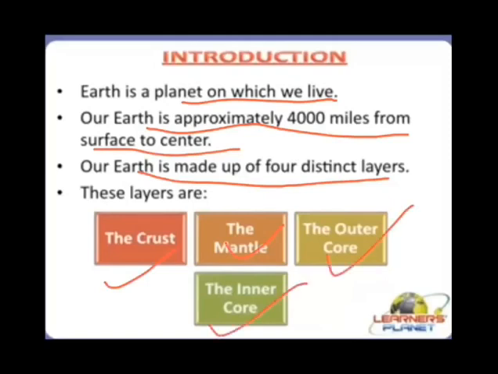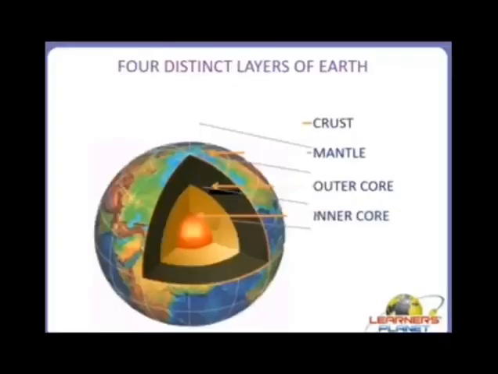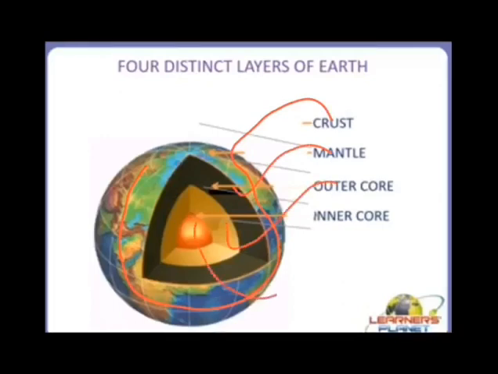Okay, so let's study them one by one. These are the 4 distinct layers of earth. This one is the crust, the second one is mantle, the third one, this yellowish one, is the outer core, and this one is the inner core.